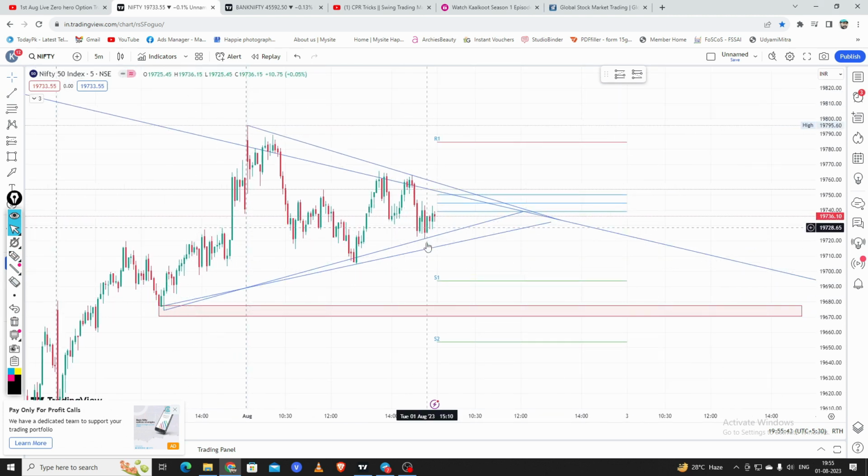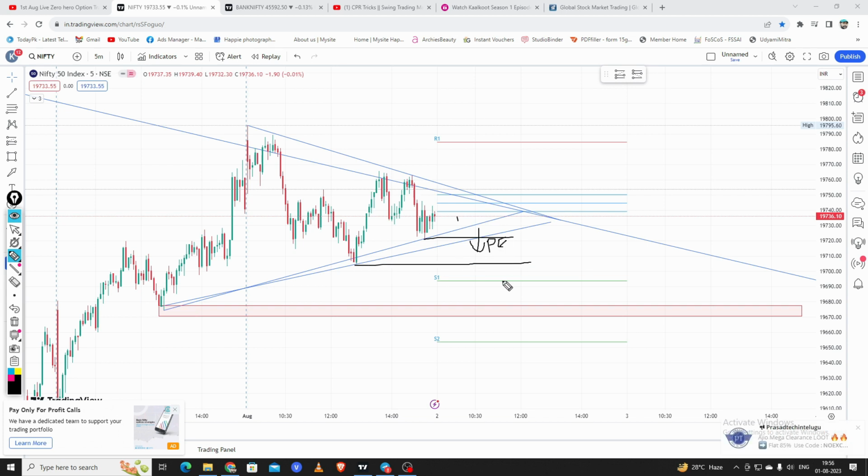If it is breaking the trend line from this level tomorrow after the gap down, after touching the CPR, you will enter PE here, and quickly scalp until previous day low, and if it is breaking, you can wait until it touches the S1.